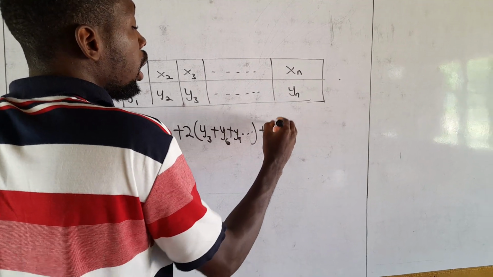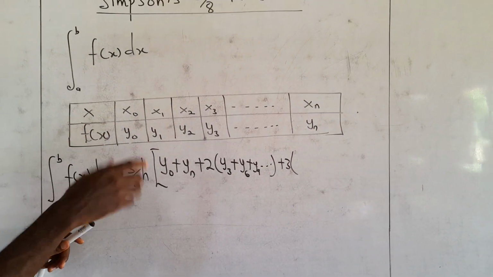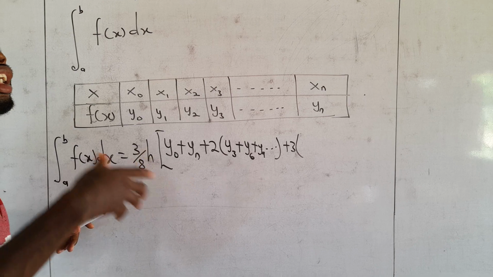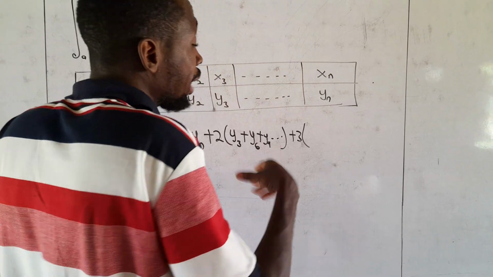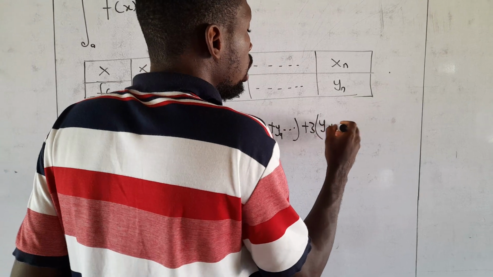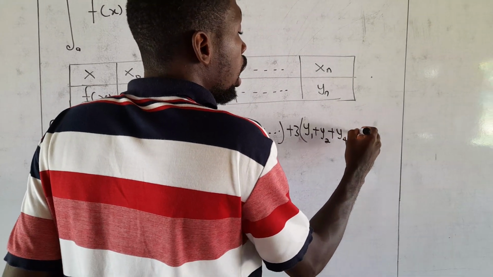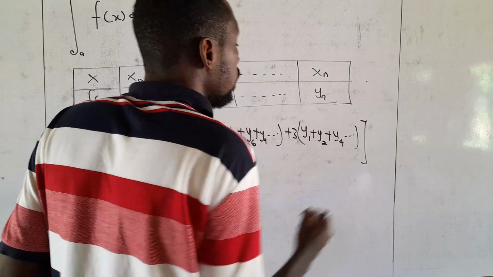Then plus 3 times all the values of y that are not in multiples of 3 position. That's y1 plus y2 plus y4 in that order. I hope you get that.